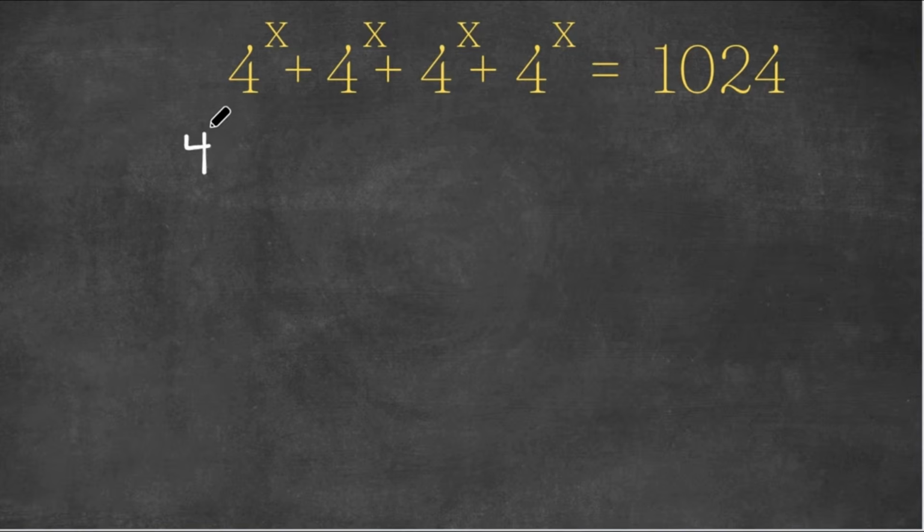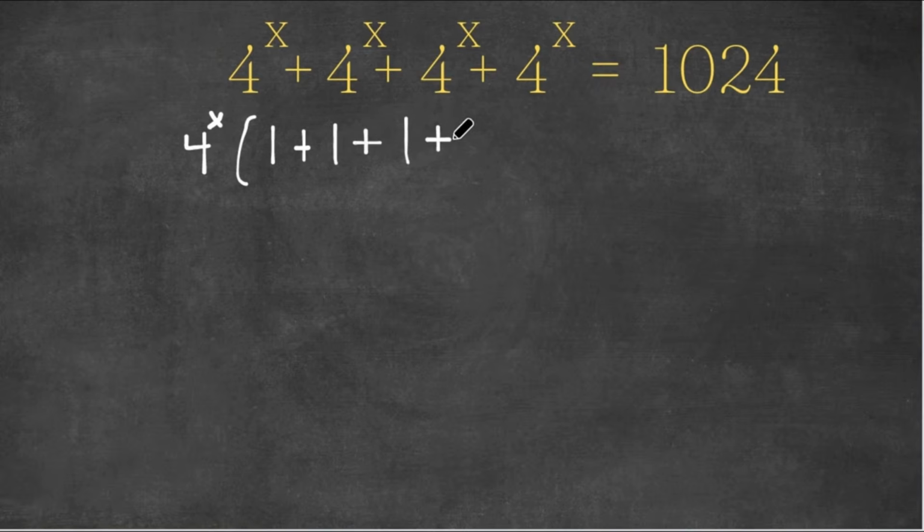So if I factor out 4 to the power of x, 4 to the power of x divided by 4 to the power of x is 1. And I'm going to do the same thing with the rest of the terms. So now we have 4 to the power of x times 1 plus 1 plus 1 plus 1, and this is equal to 1024.